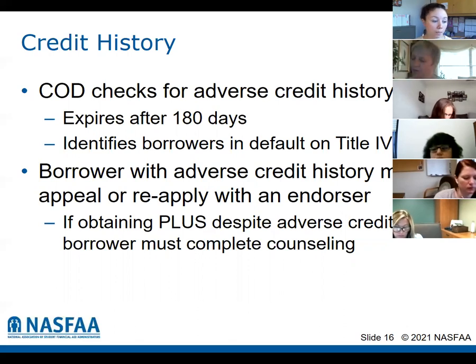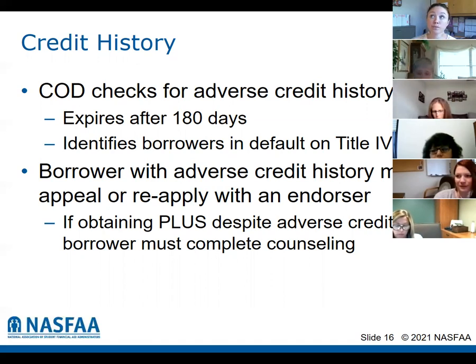So students or parents can go out to COD or go out to studentaid.gov in advance and request a parent loan if they want, to see if they'll be approved. But honestly, we don't necessarily want them to do that until they know for sure where their student is going to school, or for grad students where they're going to school, because they don't necessarily know how much to request.